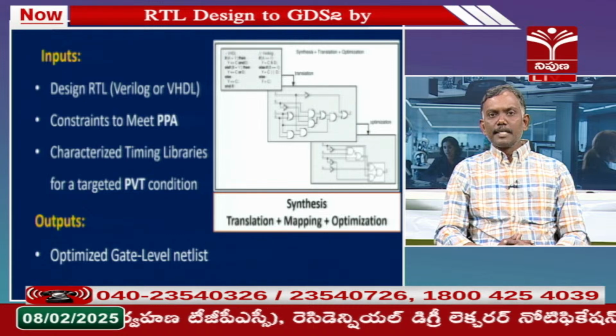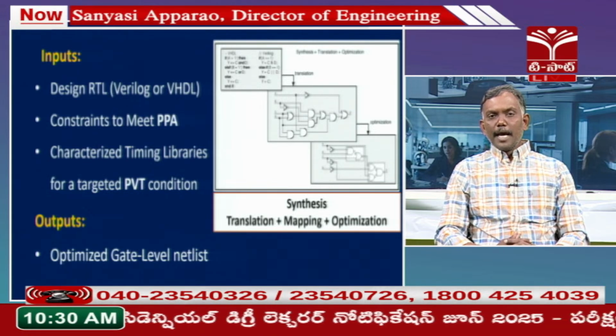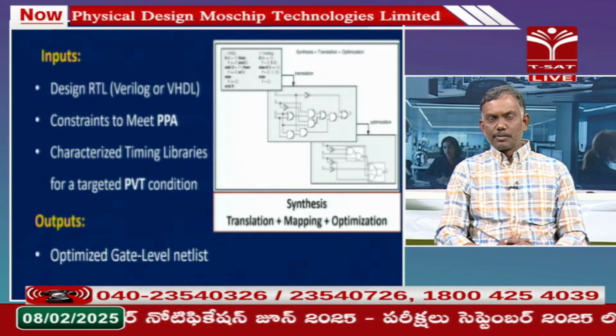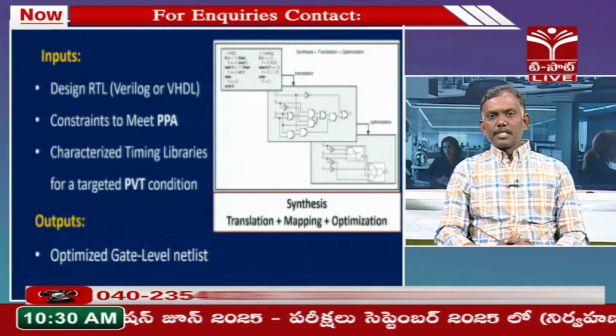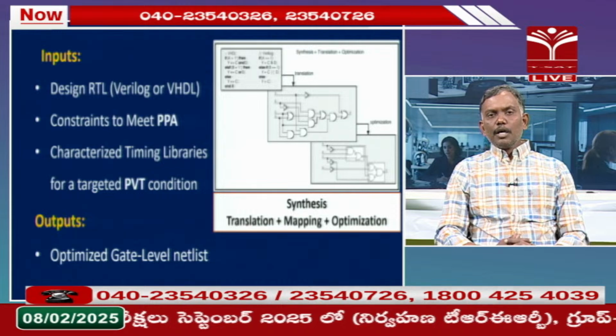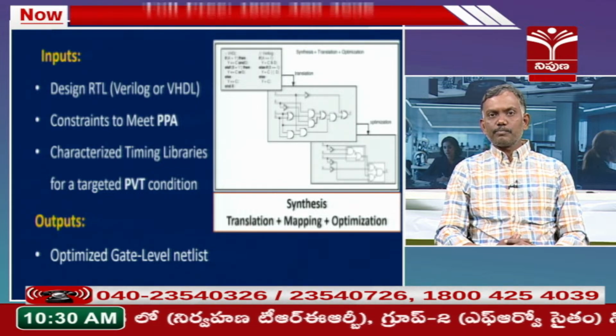That is called in general the typical corner. And we have an acceptable range, given by the fabrication house, for these process, voltage and temperature deviations. One extreme corner is called the slow corner, and one is called the fast corner.